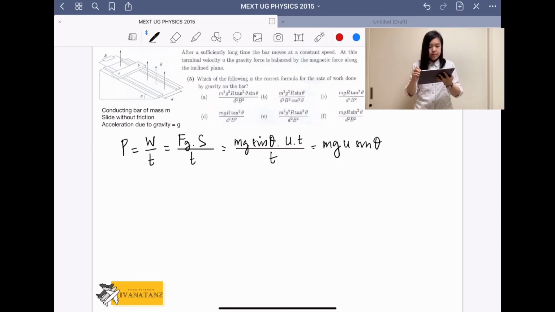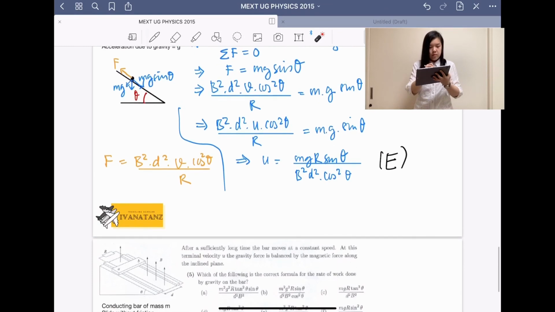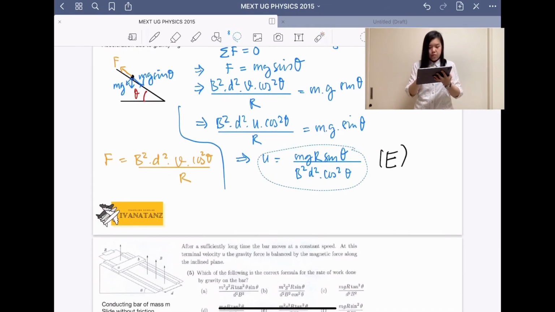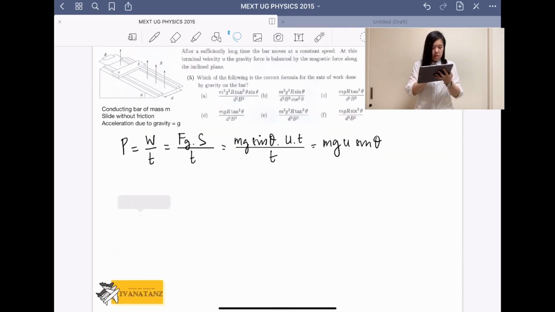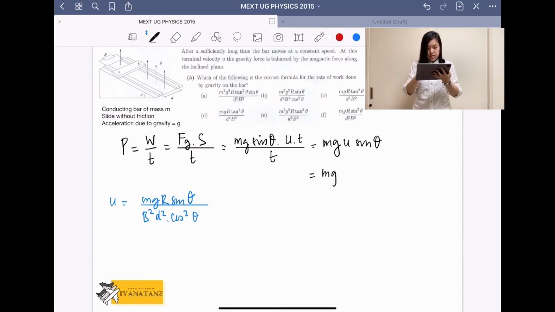But we already found u from part 4, so let's copy that one. Now let's plug in the variables: mgR sine theta over B square d square cosine square theta, times sine theta.